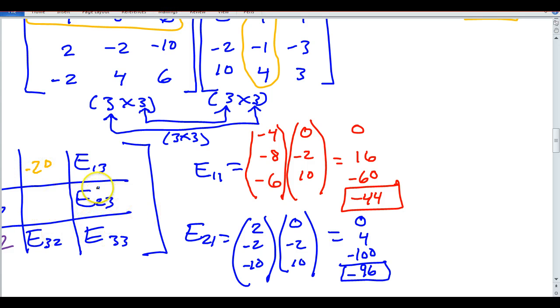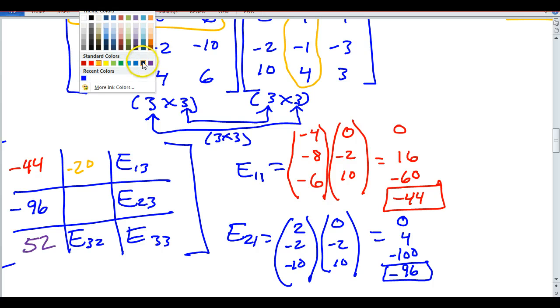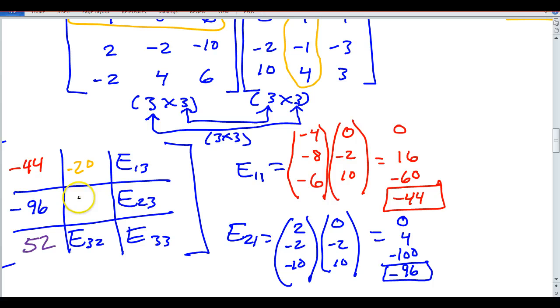I'm just going to do that same process over and over again to get the rest of these. But I'm hoping that you get the idea based on what I've done so far. So I'm just going to go ahead and fill in the rest of these with some answers, ladies and gentlemen. For example, this one should turn out to be negative 36.